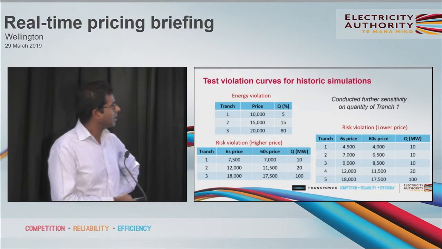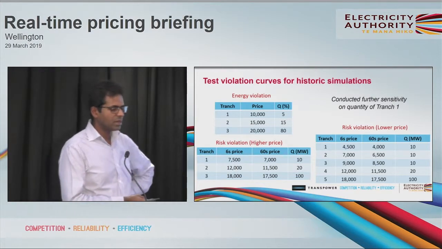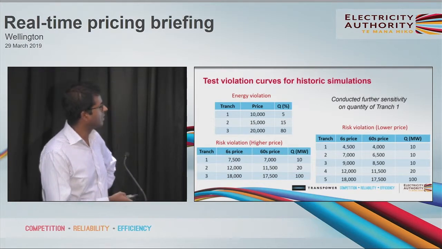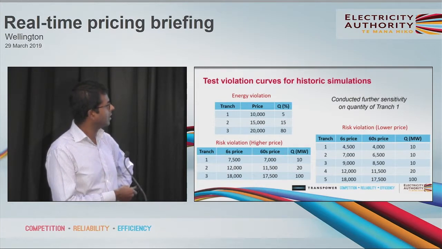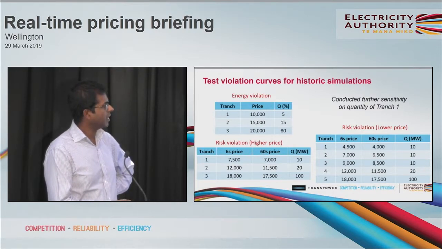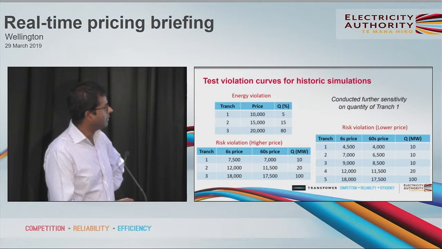The test curve that we used for this simulation was based on the ones that were presented earlier. So we have the energy violation curve, the risk violation, starting off at 4.5K and 4K for the 60-second.